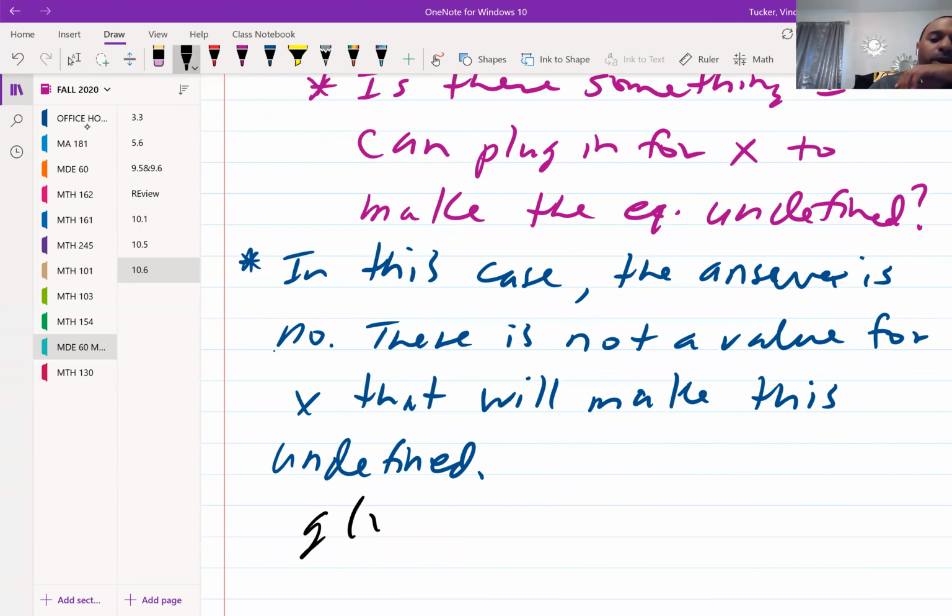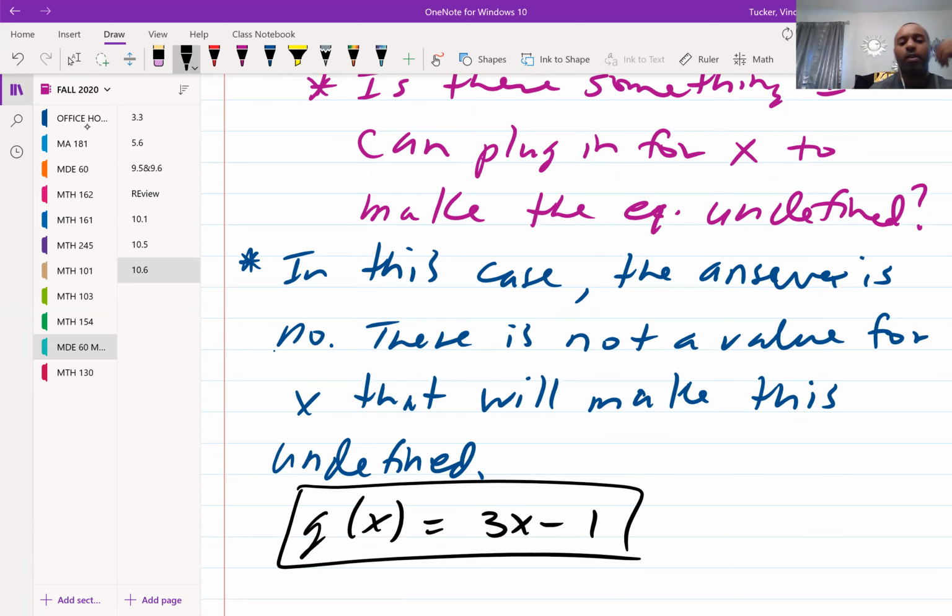When we go back to what we have, 3x minus 1, there is no denominator, and you guys are not going to have to deal with radicals and trying to find your domain with radicals. So you can't plug anything in here that will make it undefined. It's just a straight line when you look at the graph. Every time you plug in a value, you'll be able to get another value out. If you plug in 1, 3 times 1 is 3, minus 1 is 2. Plug in 100, 3 times 100 is 300, minus 1 is 299. No matter what you plug in for x, you will always be able to get a value.